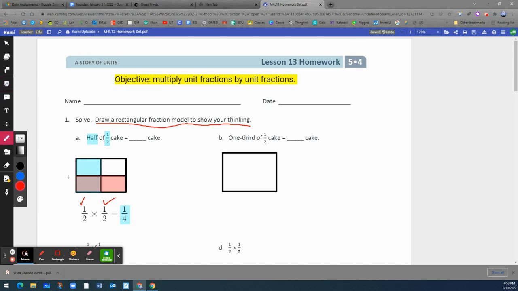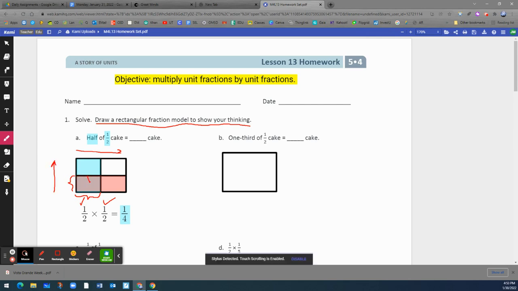If you don't know what vertical means, there is a half that we show vertically and a half that we show horizontally. Now, when you see that these overlap, the blue and the red overlap, that is where your answer is. This is the number that represents 1/4. And that matches with our 1/4 over here, my friends.